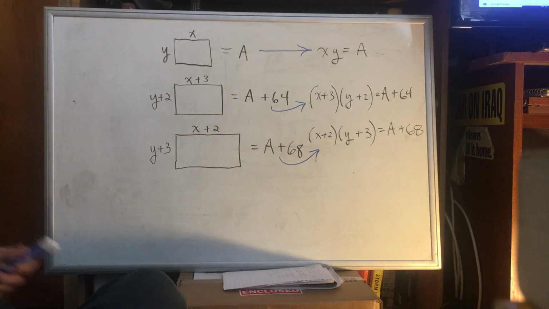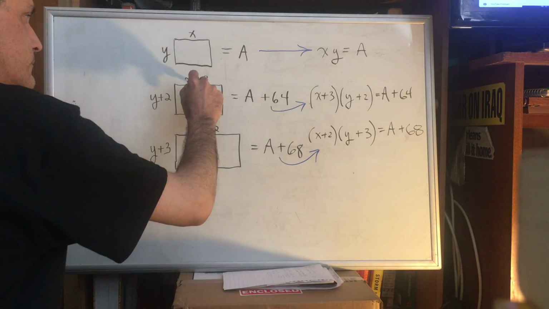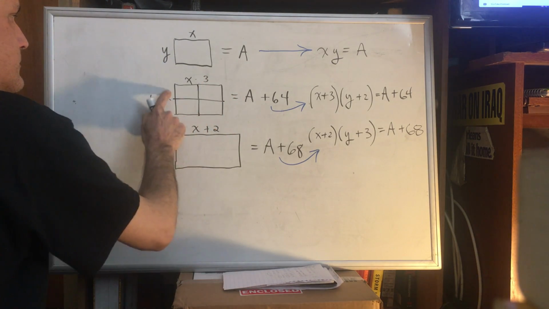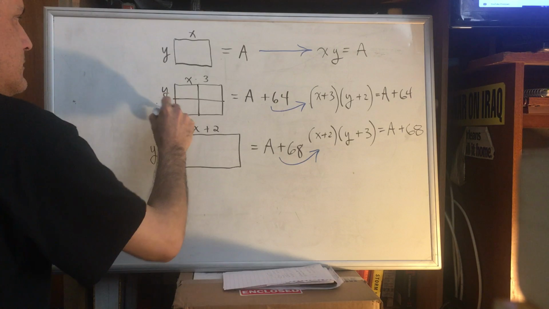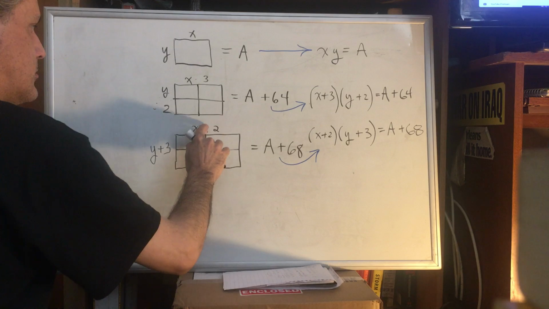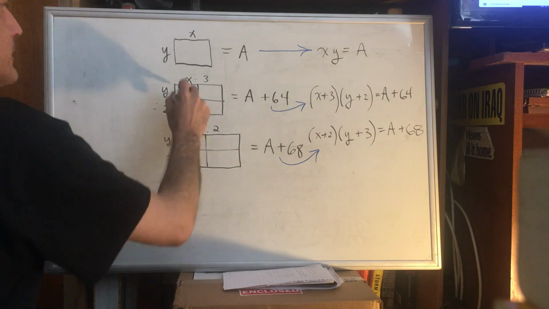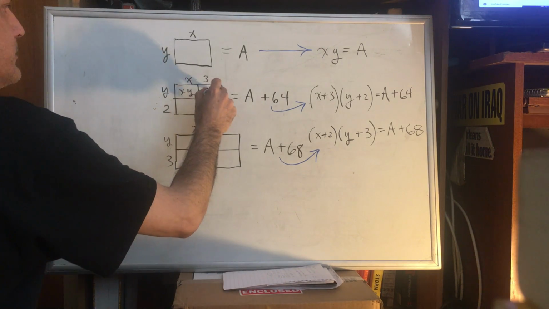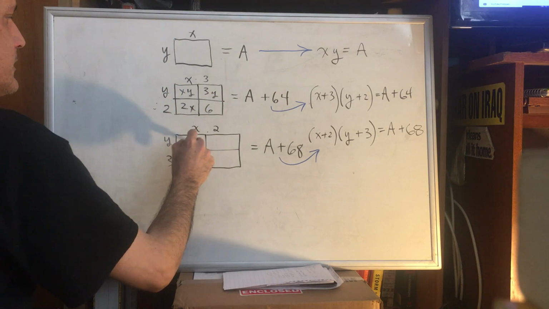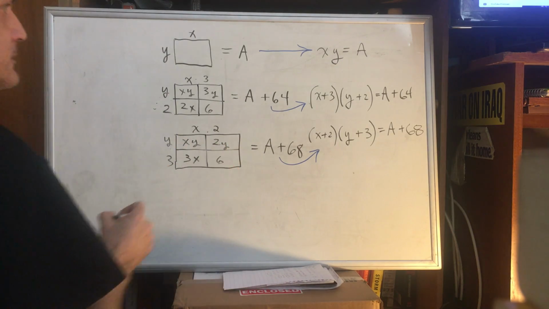All right, now you might remember when we multiplied binomials, so we can go ahead and represent that like this, and the same thing with this one. So this would be x times y, that would be 3y, this would be 2x, that would be 6. This would be x times y, that would be 2y, this would be 3x, that would be 6.